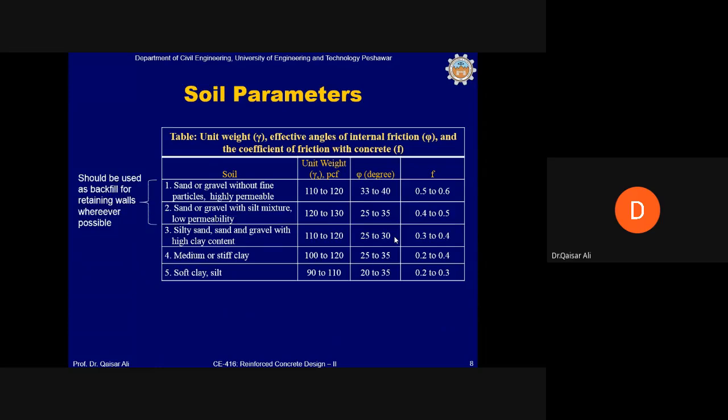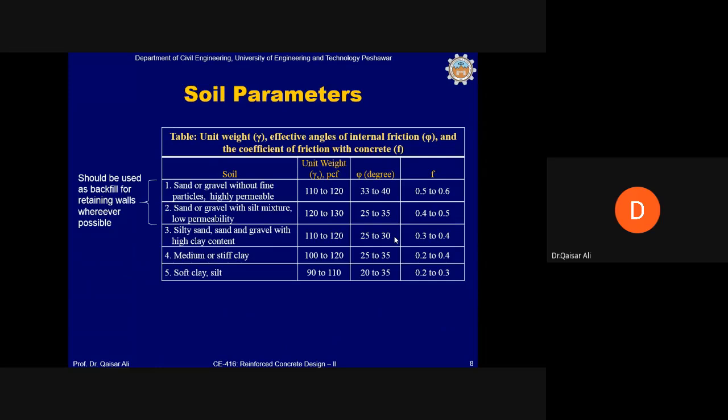Okay, these top three types of soil are very good as a backfill because they include sand, and sands are permeable. They will allow water to percolate inside the soil, and the water will then be collected by the tile drain on the backside of the backfill, and it can be disposed of where required.